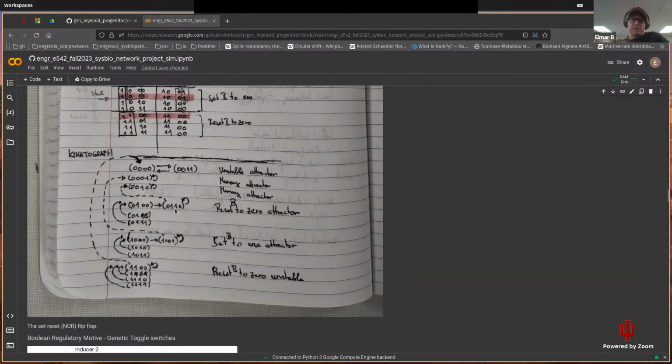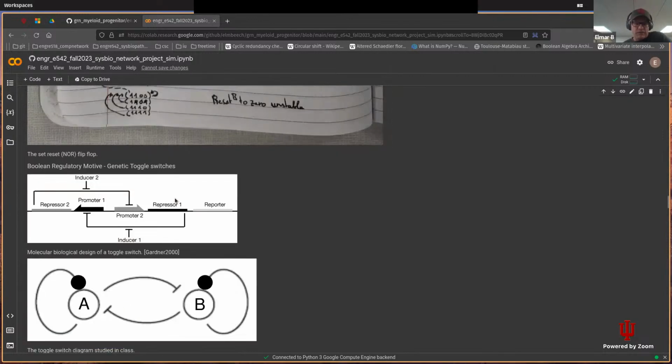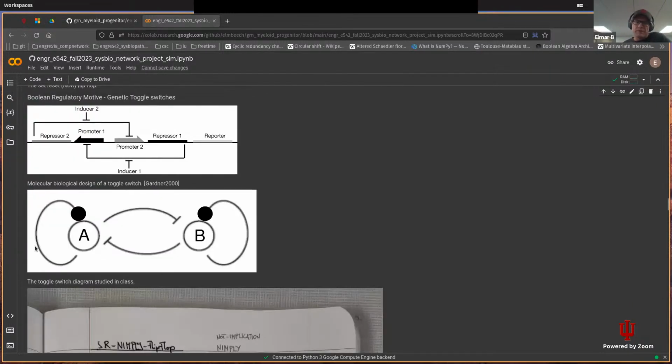And so when this was clear to me, then I could actually go back to what we did in school here in our class. And there we had this toggle switch, you remember maybe.